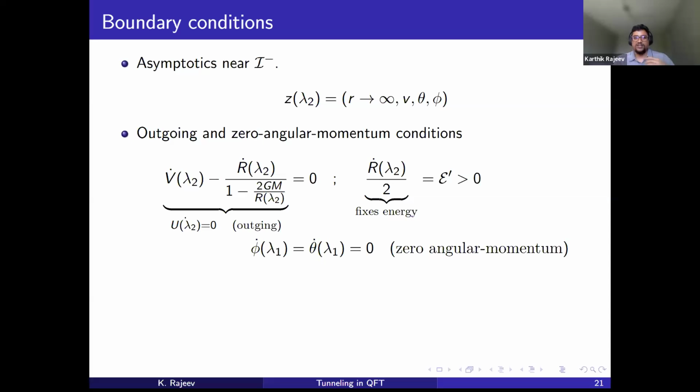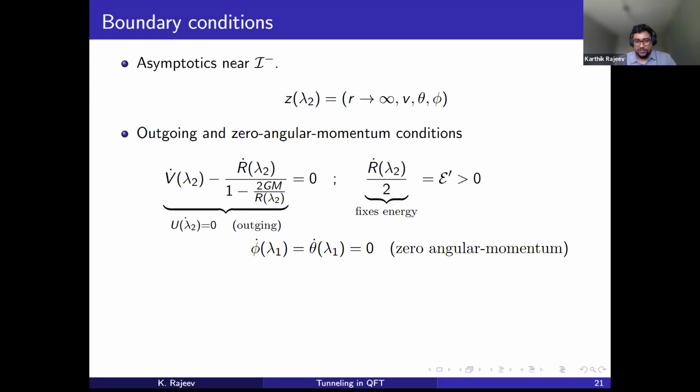Since we are evaluating the function at scri minus, the boundary condition for one of the points is that the coordinate takes r tending to infinity and a prescribed value of v and some theta and phi, which are the angular variables. And on the other side, the final point of the world line, that's where you want to fix your energies and the fact that this is supposed to describe an outgoing solution.